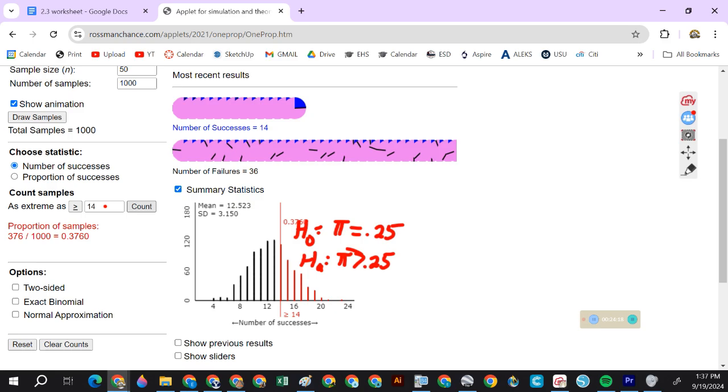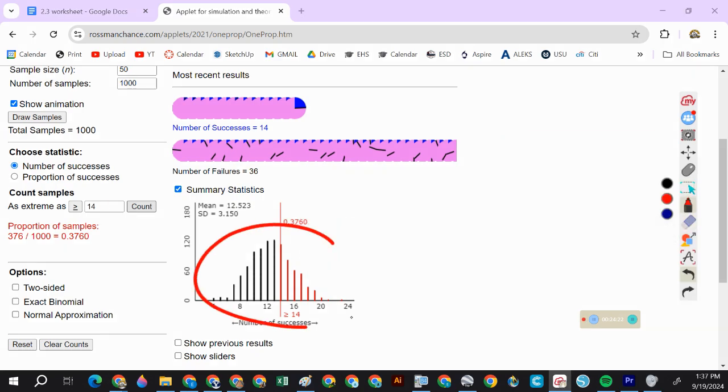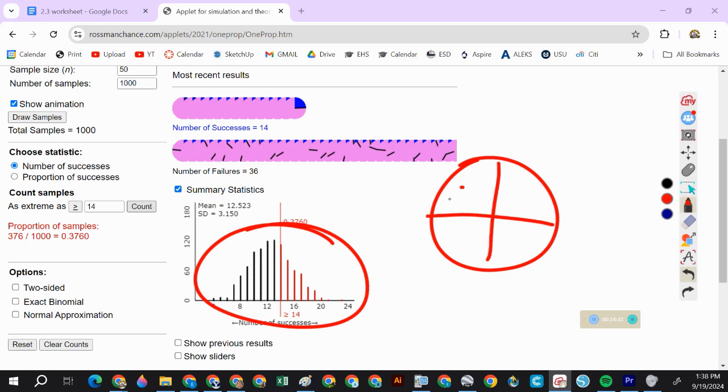okay. So here's the hard question. What does that histogram represent? Imagine you have a spinner and you say correct, incorrect, incorrect, incorrect.